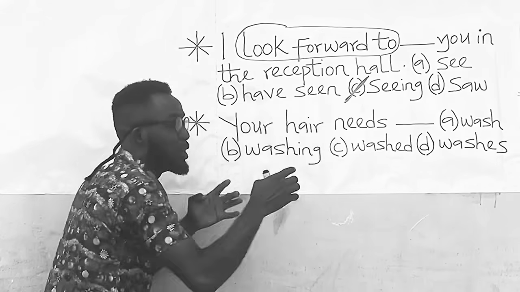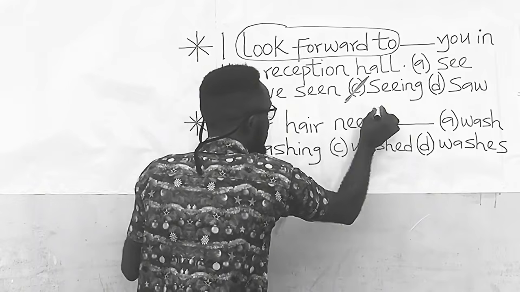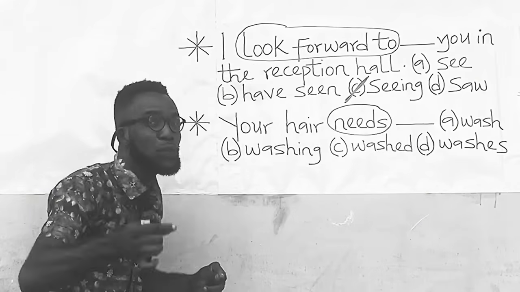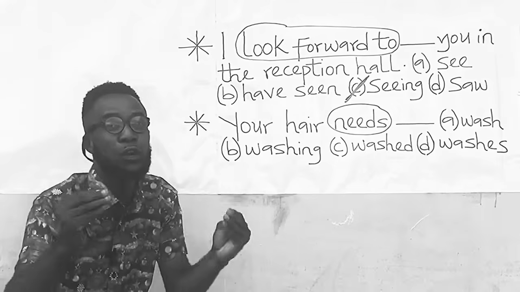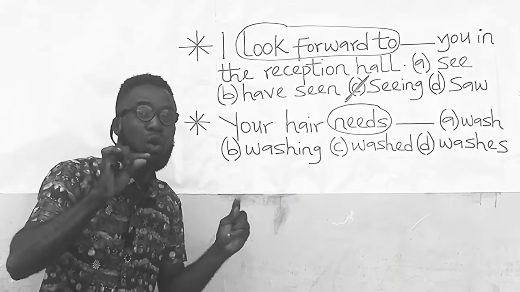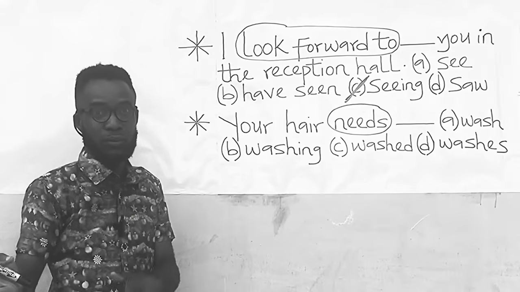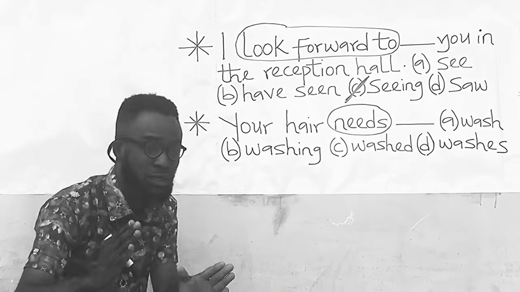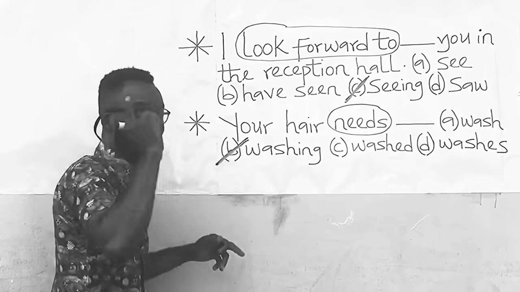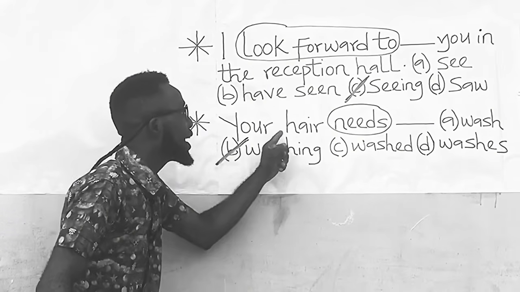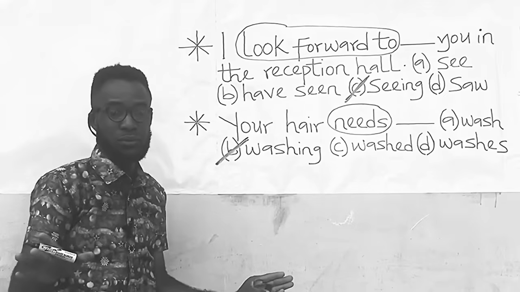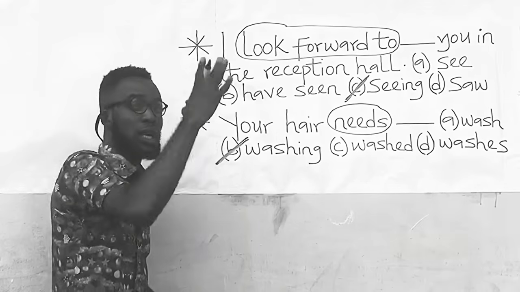Insofar as the question contains the word "needs", the gap should be filled with a gerund, a verb that ends with ing, though playing the role of a noun or taking the position of a noun. Therefore, the correct option is option B, so that the question reads, "your hair needs washing." I believe this is understood. Let us move on with the class.